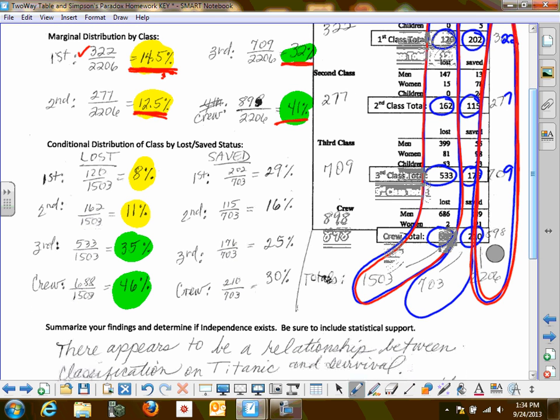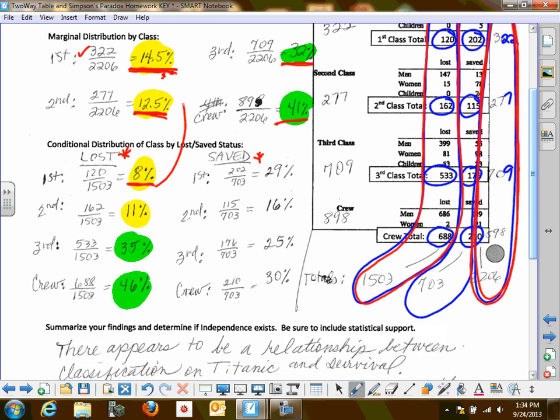I personally kind of used this set of data to make my comparison. They're the inverse of each other. In essence, you could have gone with these numbers, the saved numbers, as well. So, what am I going to compare this 8% to? Good.